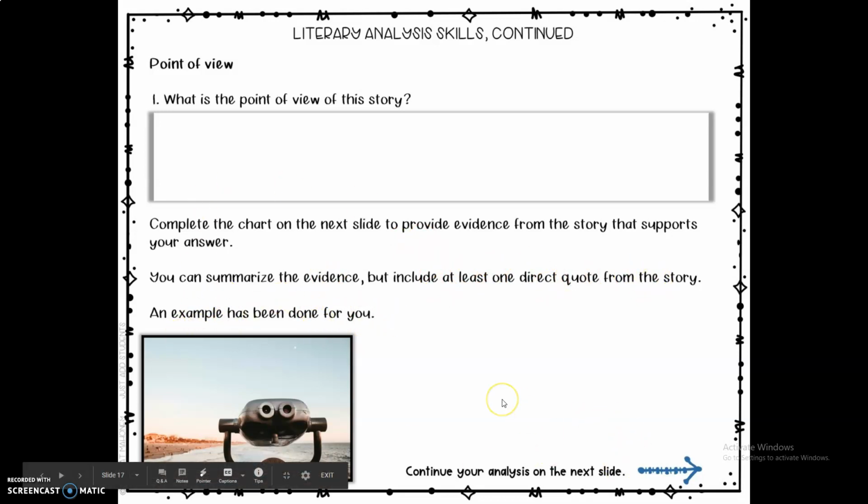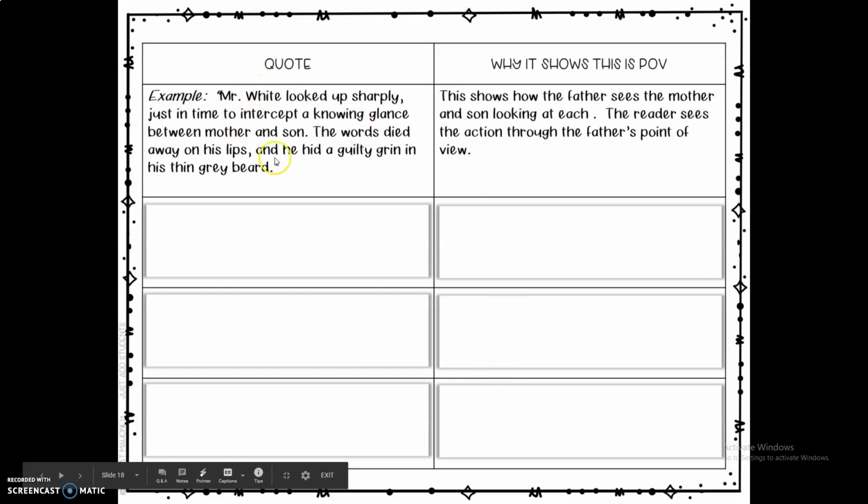So on this next page, you're going to find a quote and put it in this column. And then you're going to explain in this column why it shows point of view. So the example they give you is, "Mr. White looked up sharply just in time to intercept a knowing glance between mother and son.